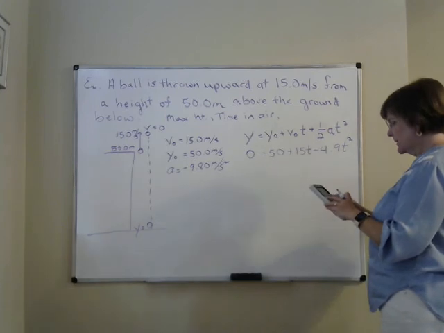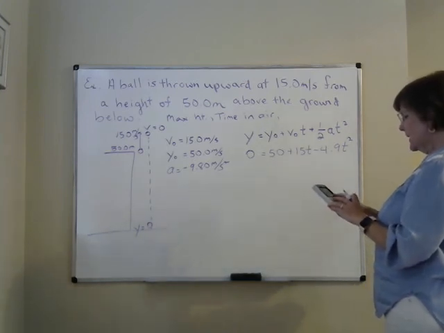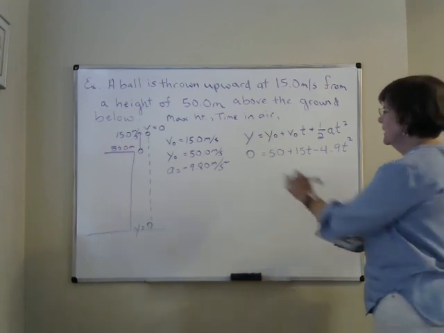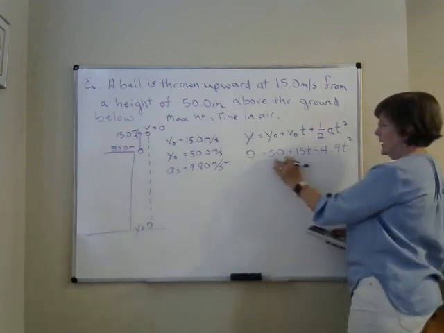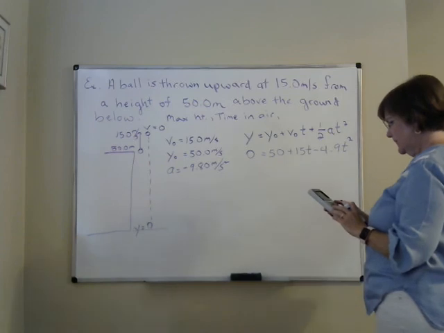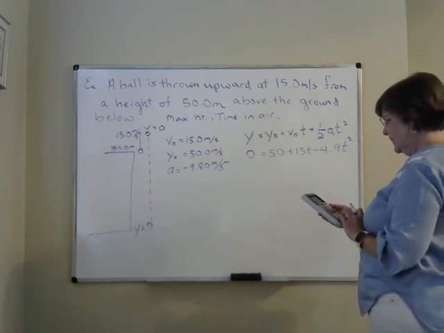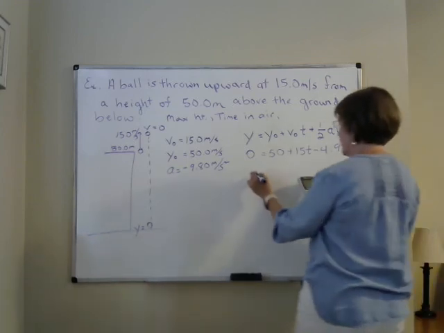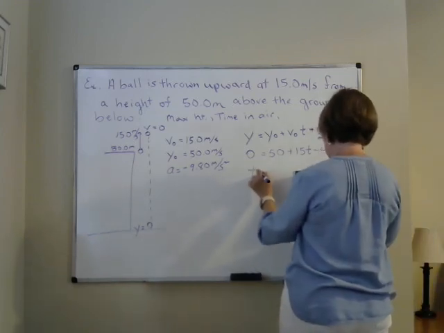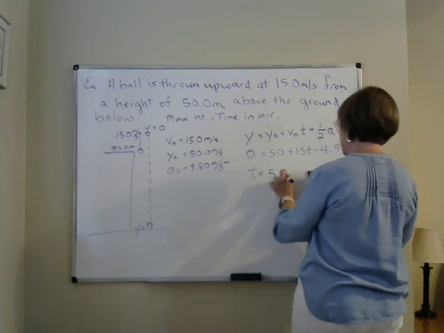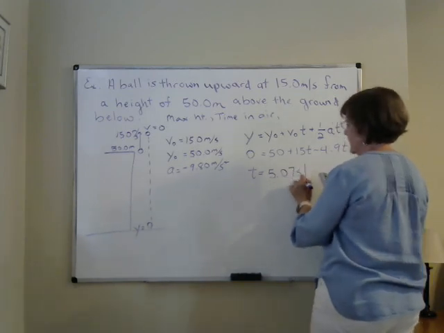I know the positive is what I want. Second calc, I'm going to do an intersection. I'm looking for the intersection between y equals 0 and y equals all of this. And I get that t equals 5.07 seconds.